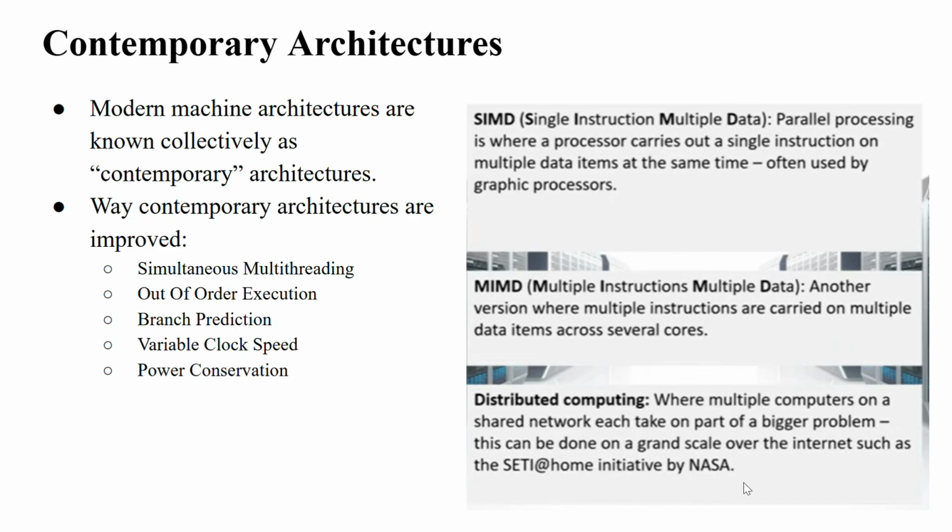This is basically where computers are on a shared network and they solve a bigger problem together, kind of like crypto mining, if you understand what that means. It's been used by NASA to help people process mathematical problems at home so they can spread the power and costs, so it's not all weighed on one person or institution.